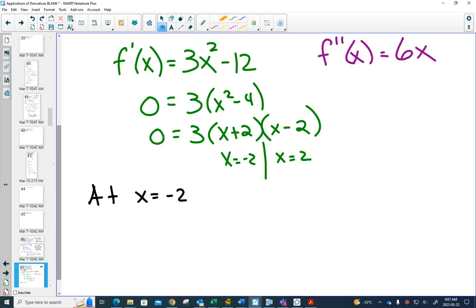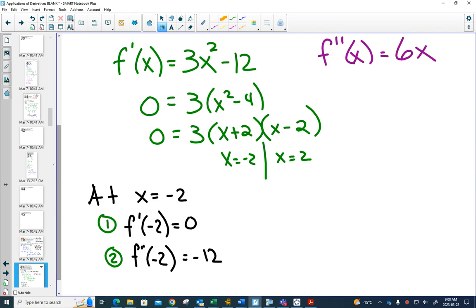At x equals -2, f prime of -2 is equal to 0. That is reason number one for both the first derivative test and the second derivative test. And reason number two, f double prime at -2 happens to equal -12, which is negative, which is concave down.